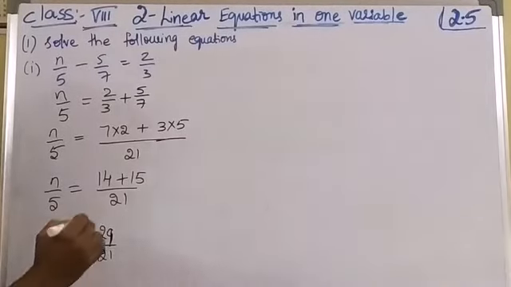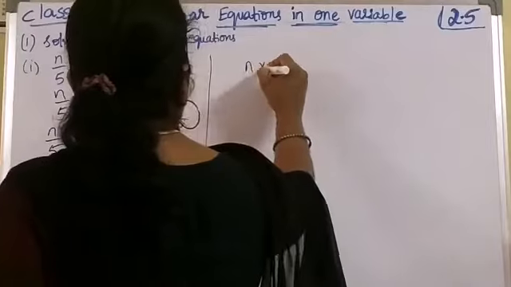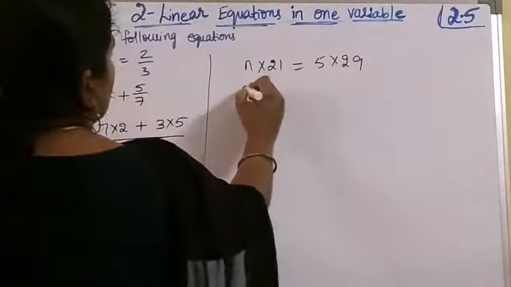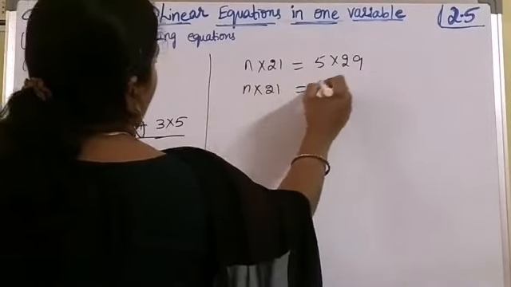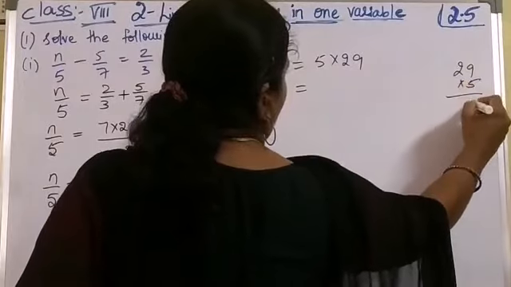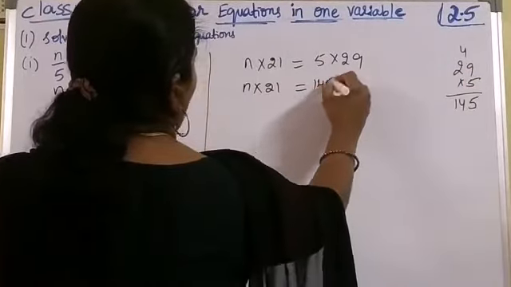How do you write it here? n into 21, 5 into 29. So n into 21 equal to 5 into 29. 29 into 5: 5 9s are 45, 4 carry, 5 2s are 10, 14. So you got 145.